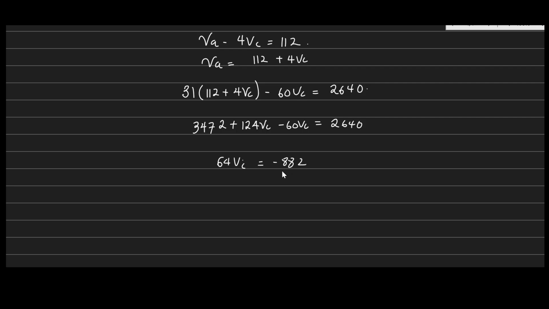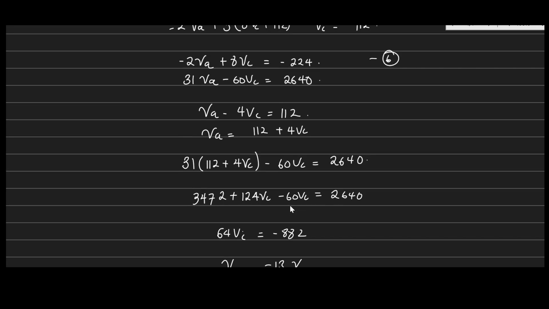So 832 divided by 64, so VC is equal to negative 13 volts. Okay, so VC is negative 13 volts.